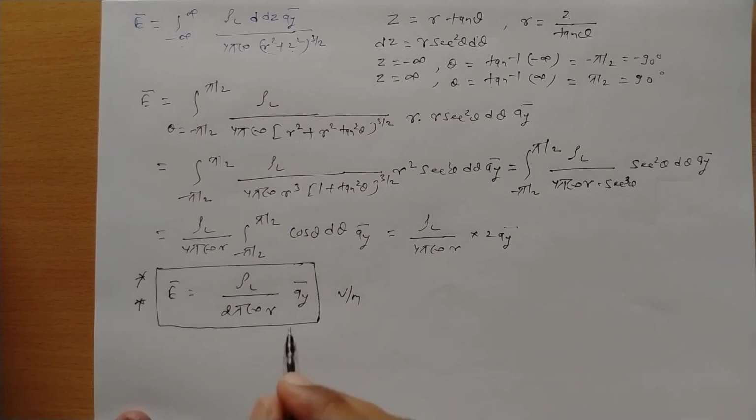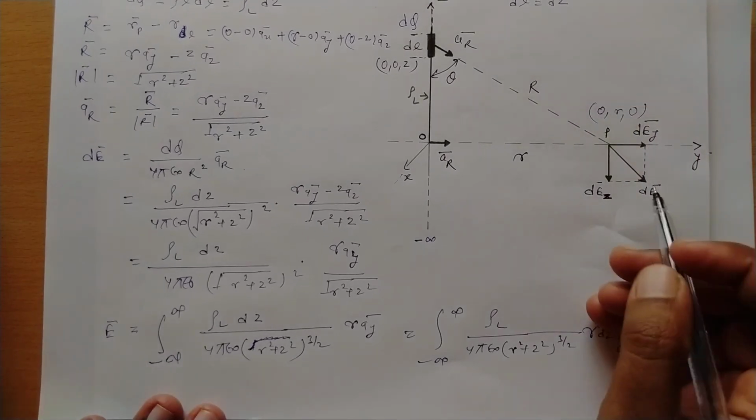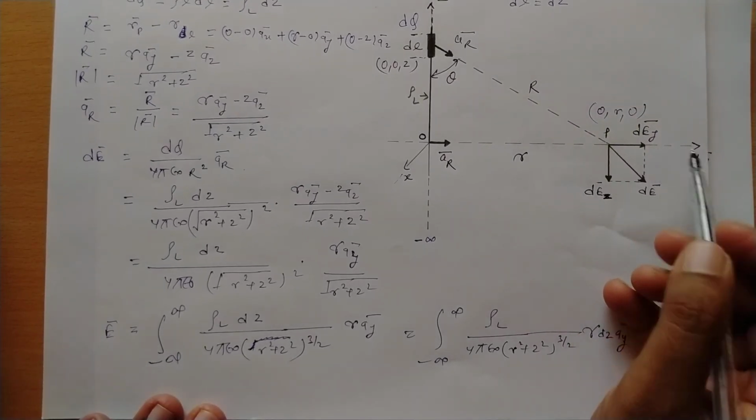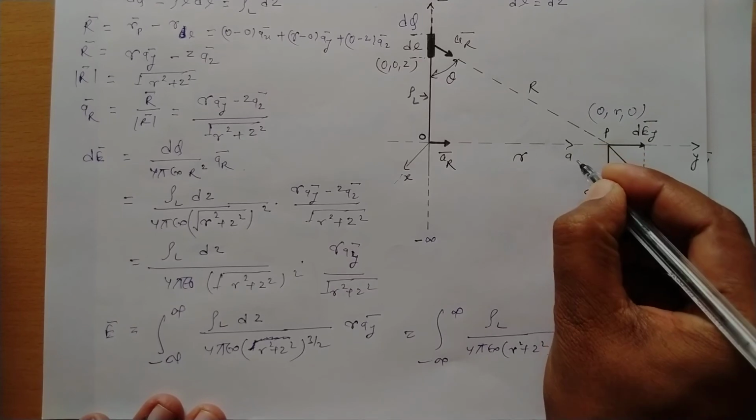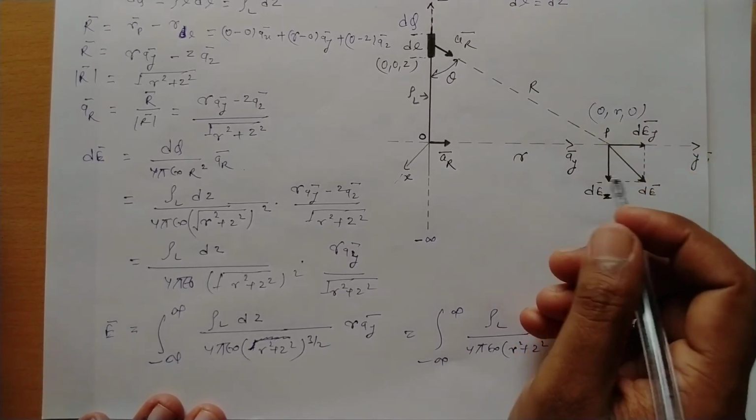One more thing here: whatever ay I have taken here, you can see that this ay is in the direction of the unit vector, in the direction of y, right.